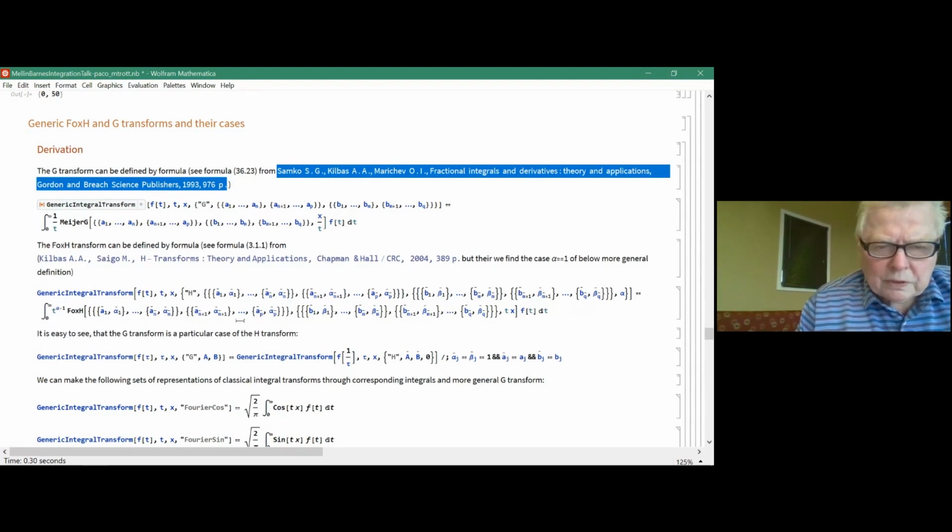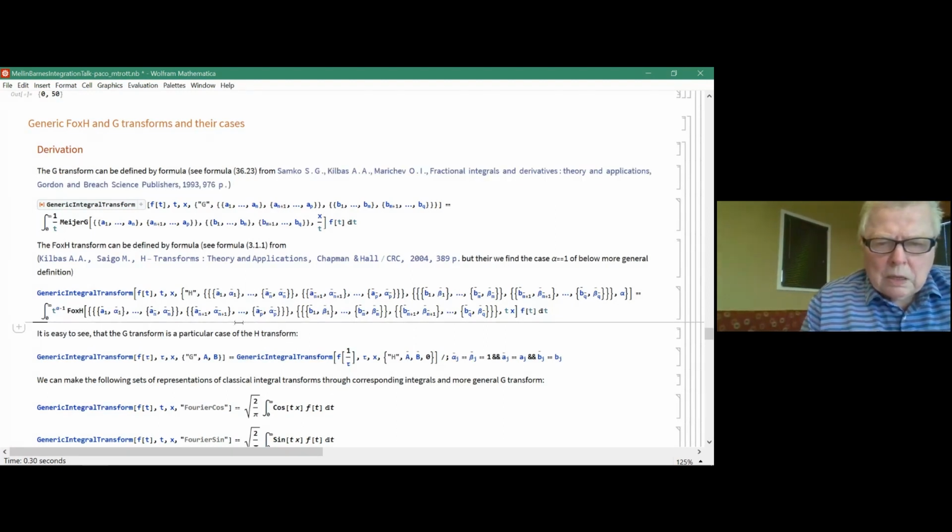And this FoxH transform you can find in book Kilbas, Saigo, and also in books Yakubovich, Luchko. References to these books you find below at the end of this article.